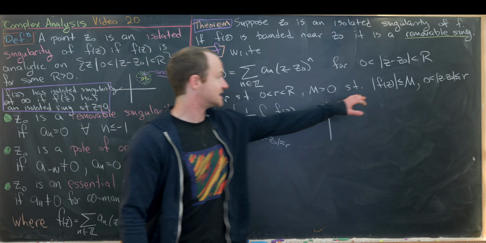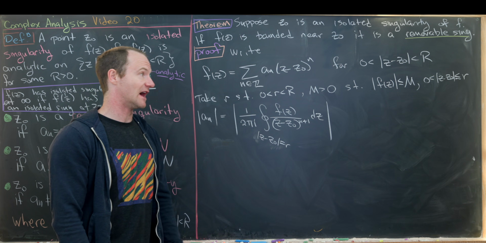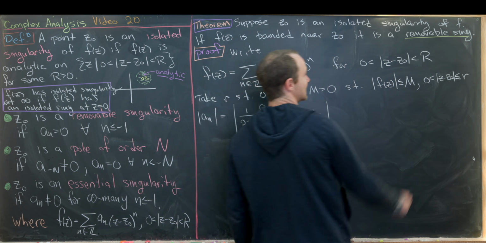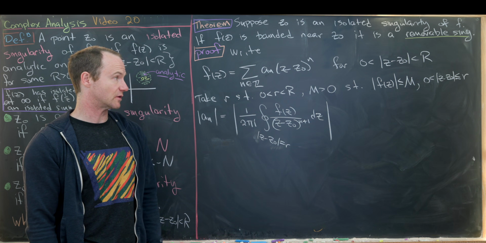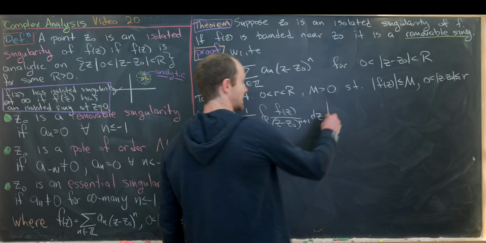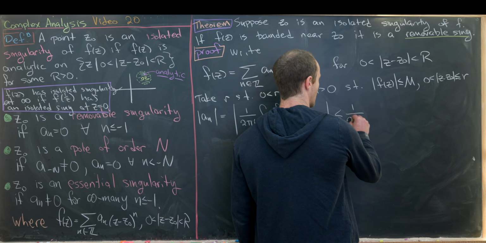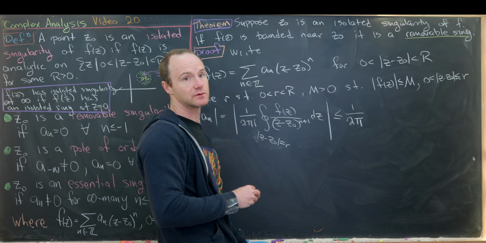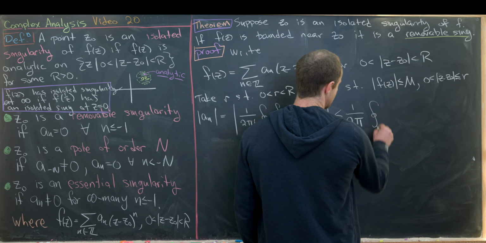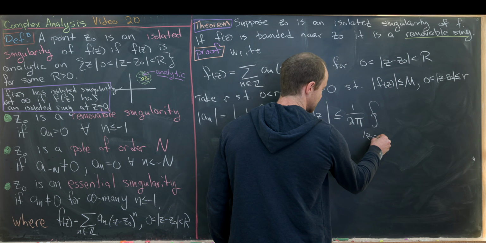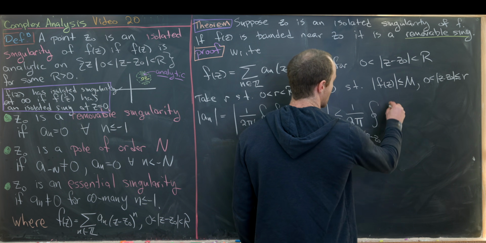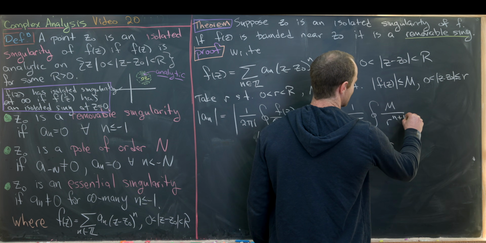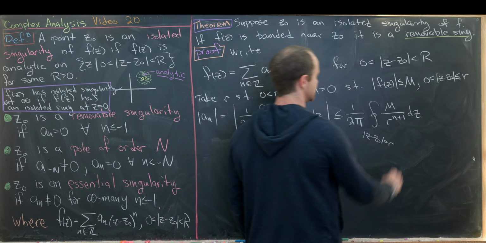Now we'll use this boundedness fact of f of z, as well as the fact that the modulus of z minus z0 is equal to r on the circle. That means all of this is less than or equal to 1 over 2 pi times the integral around this circle of M over r to the n plus 1 dz.